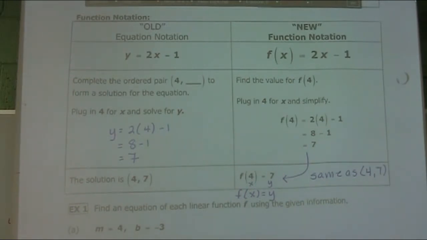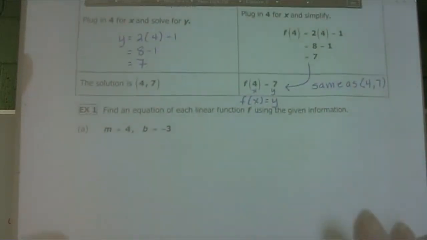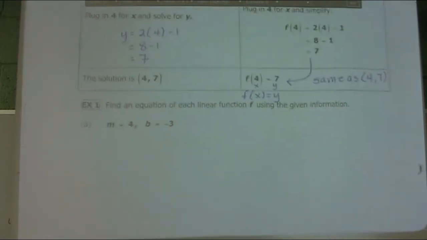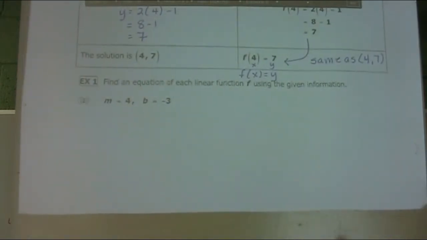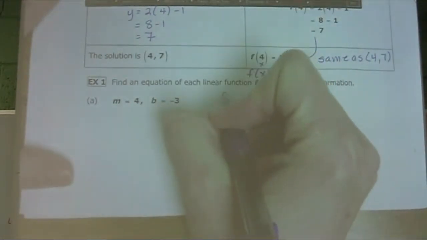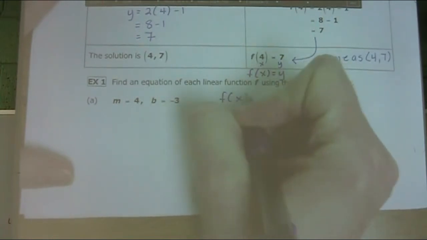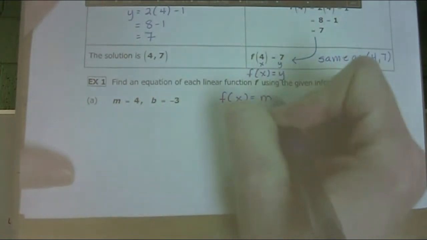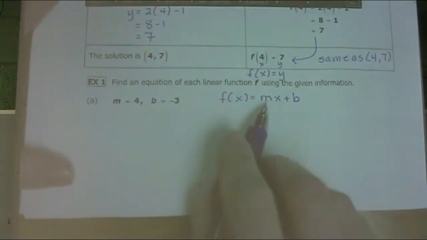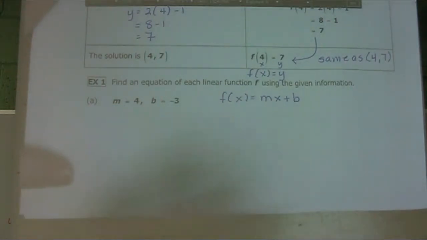So let's go to the very bottom of the page, and we're going to find an equation of the linear function f using the given information. I've got the slope is 4 and the y-intercept is negative 3. I'm going to start with my function, which is f of x equals mx plus b. Remember, I've been given my m and I'm given my b. All I have to do is plug them in.